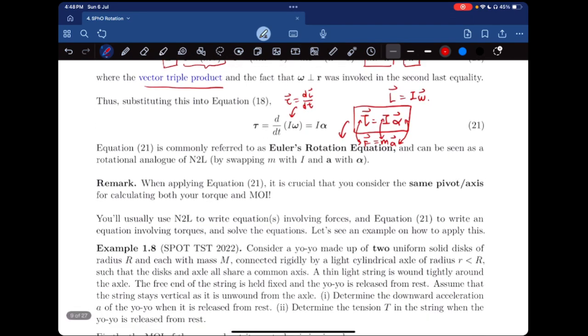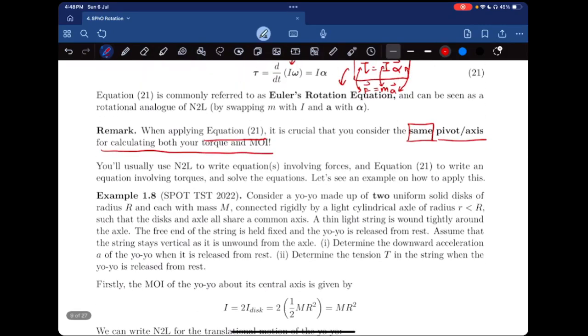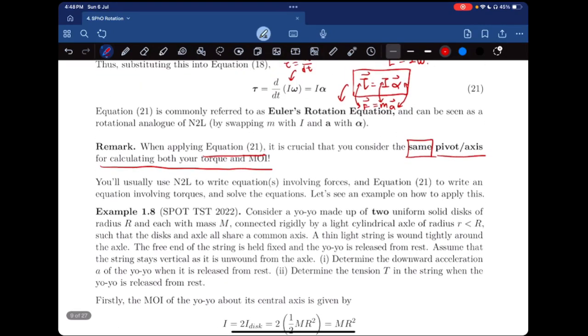Now there's this small subtlety here. If you apply equation 21, you need to consider the same pivot or axis for calculating your torque and your MOI. You cannot calculate your torque and MOI about different pivots or different axes, otherwise your equation won't make sense. Usually, how to apply this is, don't forget your N2L exists.